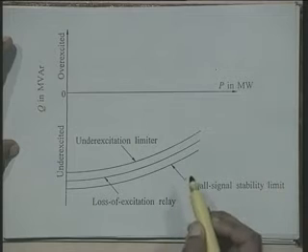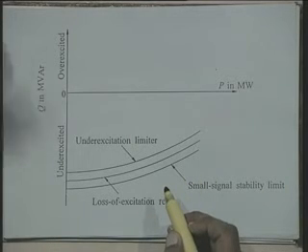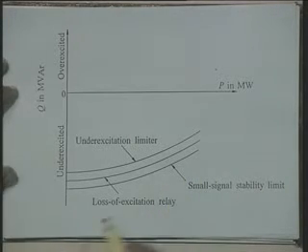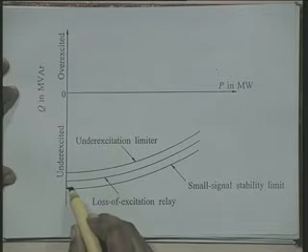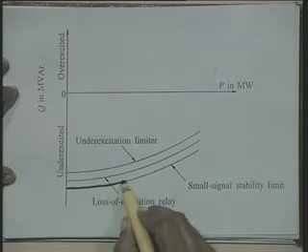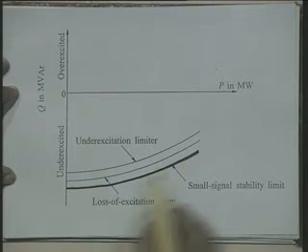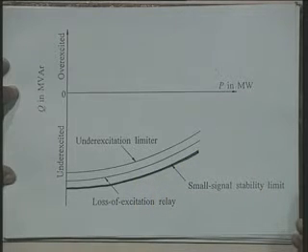The under excitation limiter setting is done so that it is coordinated with respect to the small signal stability limit. That is, this curve shows the small signal stability limit.